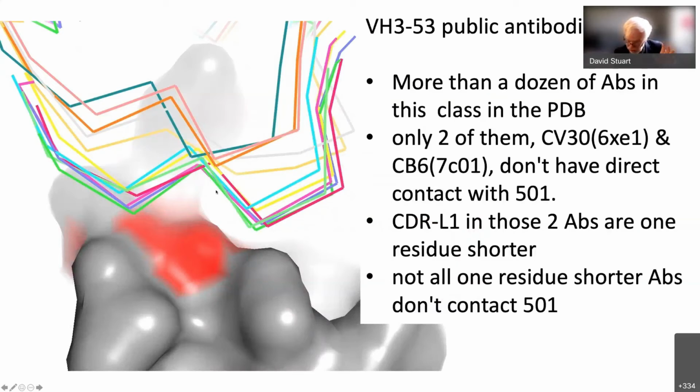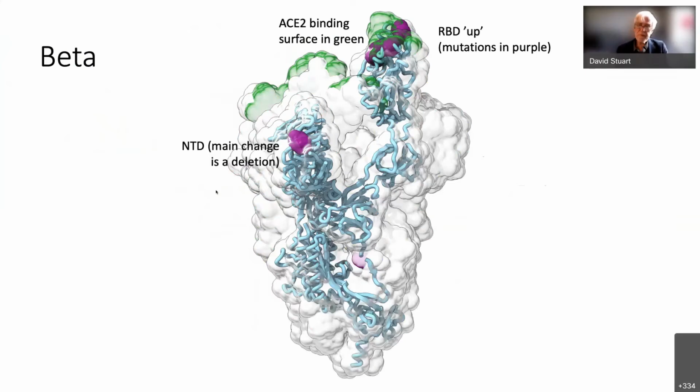So this is really unlucky. Was it unlucky, or was that one of the drivers for the mutation? We don't know. However, we'll come back to this. This public antibody class can still recover from this mutation in a few rare cases.